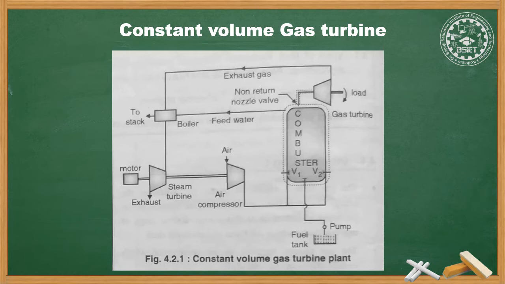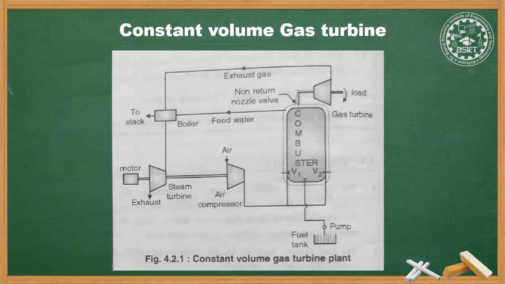The advantages of constant volume combustion gas turbine are: a small size compressor is required, which reduces power consumption of the compressor unit. The air is compressed only to about 1/4 of the final explosion pressure.